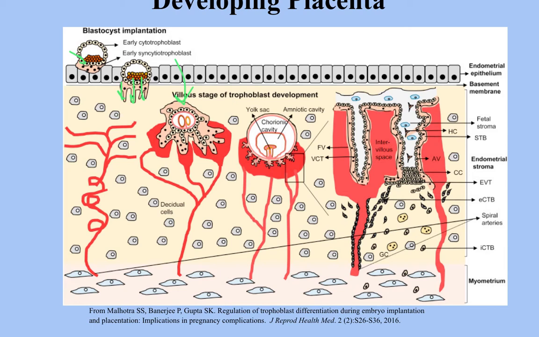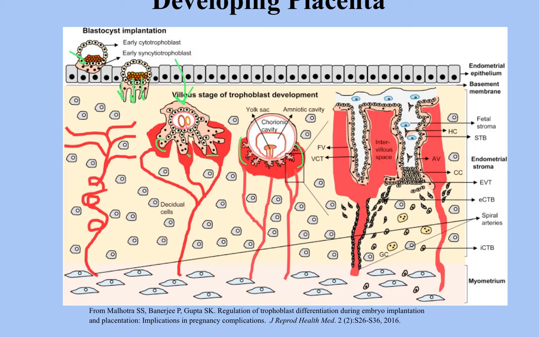And then when it finds blood vessels, it will release all kinds of enzymes and other factors that will basically open blood vessels and create a pool of blood from these blood vessels. And that will be the nutrient source for the trophoblast.